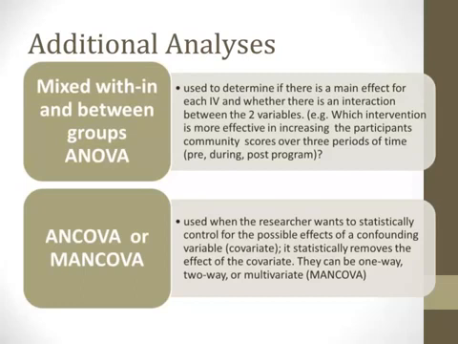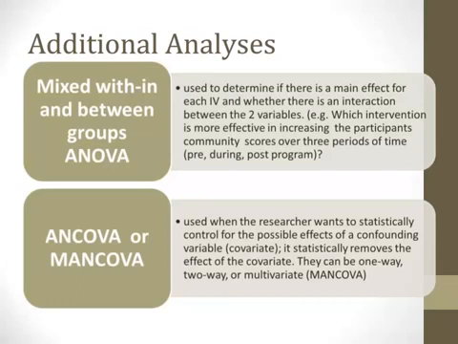The example I just gave, the researcher would use a one-way ANCOVA because the researcher was simply looking at the difference between three groups with the covariate of the pretest on one dependent variable.